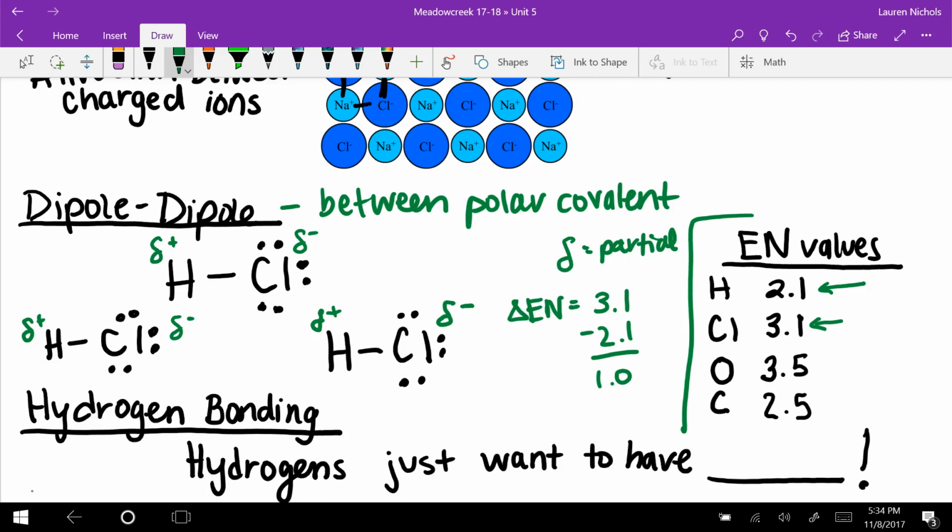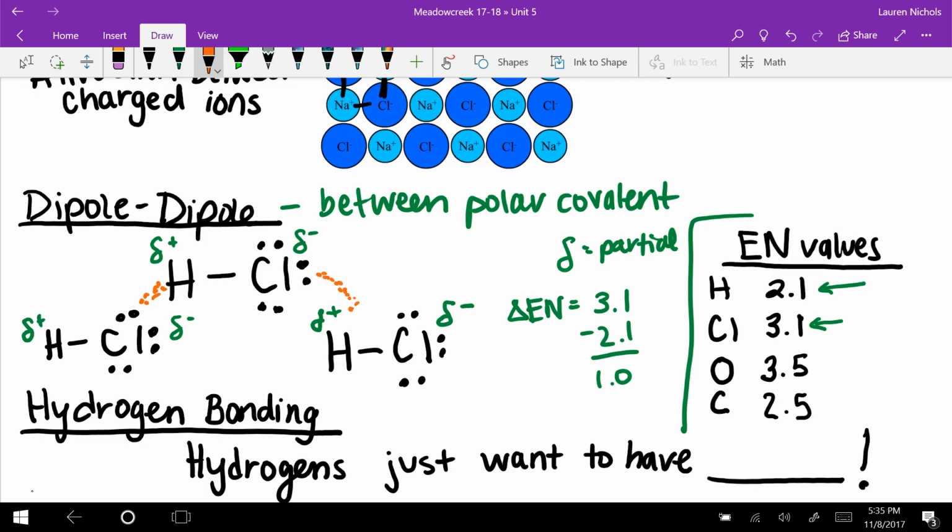Now, when this happens, a partial negative and a partial positive, when they get near each other, they're going to form an attraction. And so this is an intermolecular force. This dotted orange line that I'm drawing shows that this partial negative and this partial positive are attracted to each other, and it's going to create a strong bond.